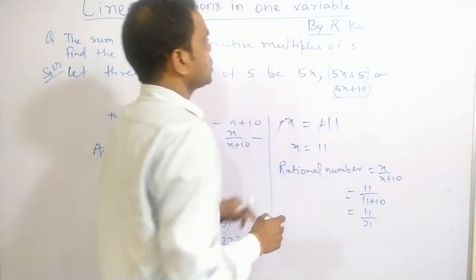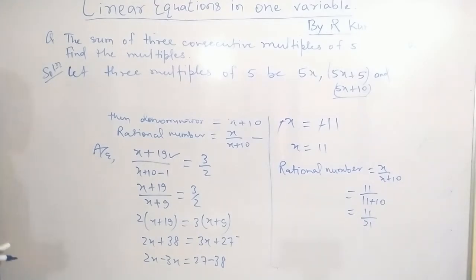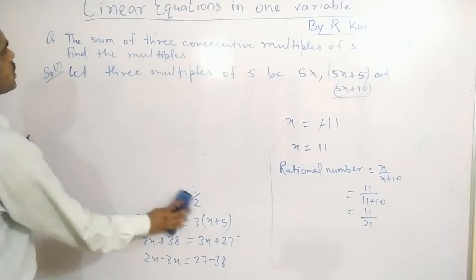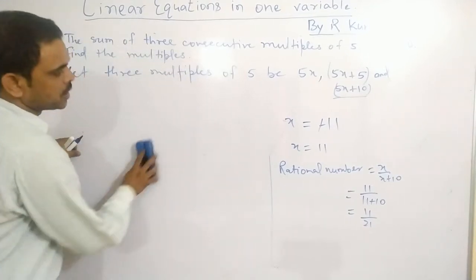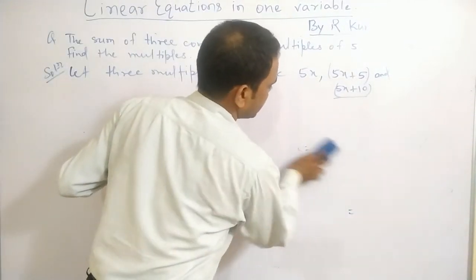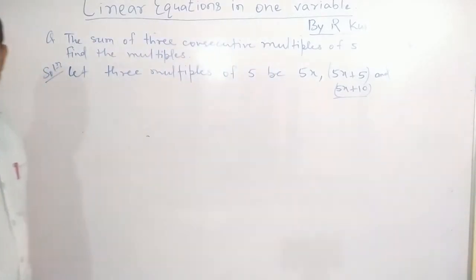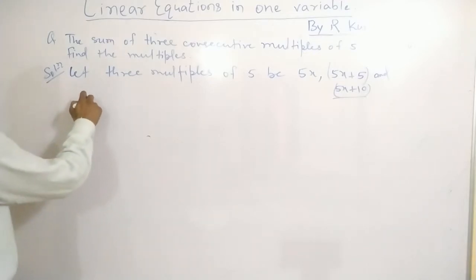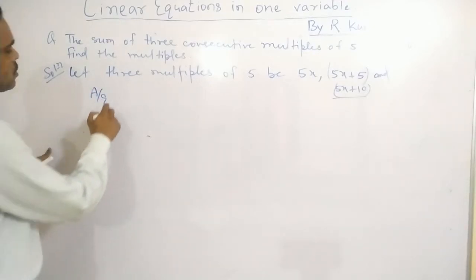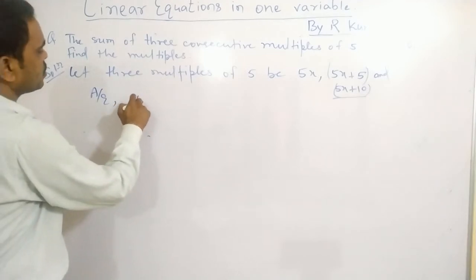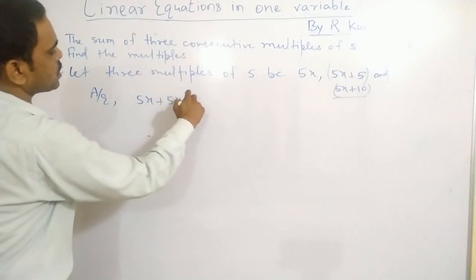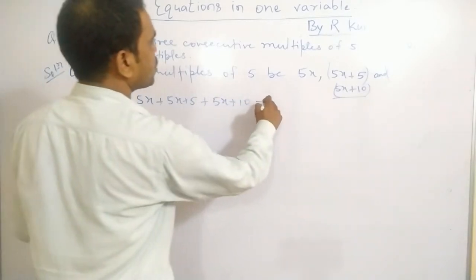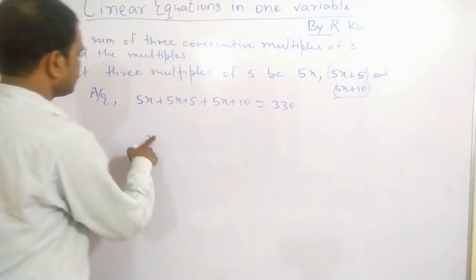These are 3 consecutive multiples of 5. Now it is written in the question that their sum is 330. So after getting these multiples, we will directly write according to the question and make an equation: 5x plus 5x plus 5 plus 5x plus 10 should be equal to 330.